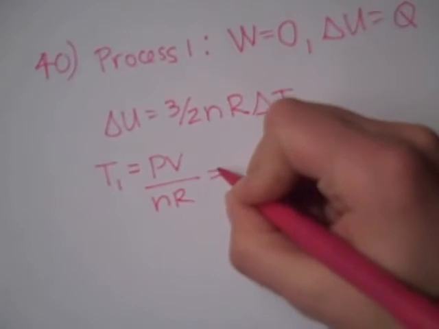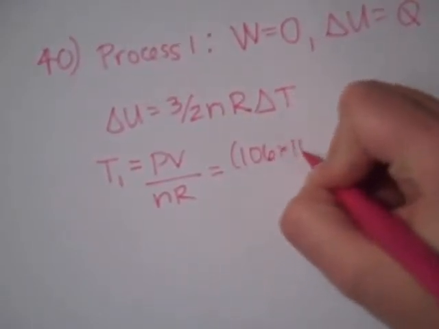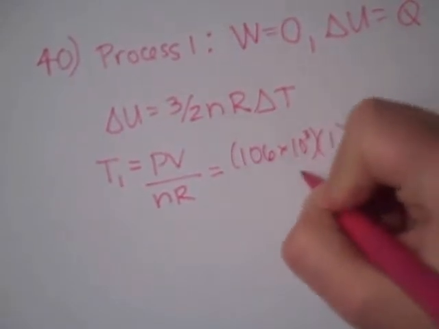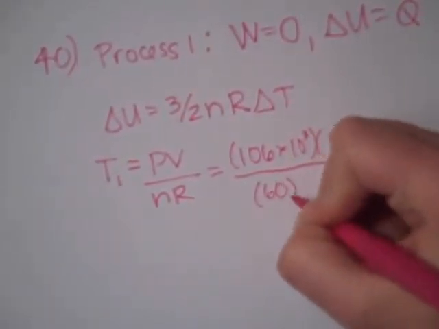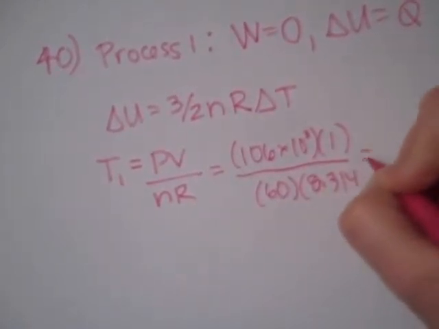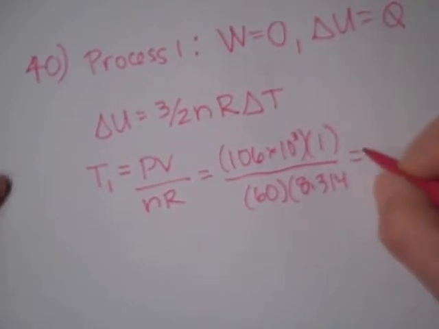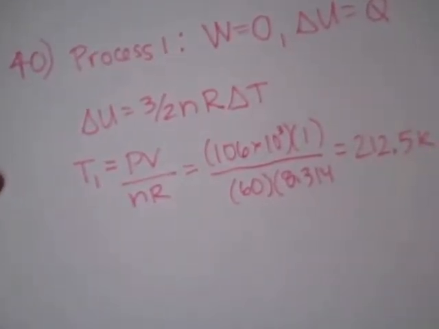And so getting the values from our graph, we have a pressure of 106 times 10 to the third, a volume of 1. We have 60 moles of gas, and R is 8.314. So I get a temperature at the first spot to be 212.5 Kelvin.